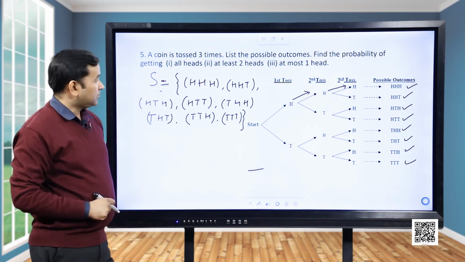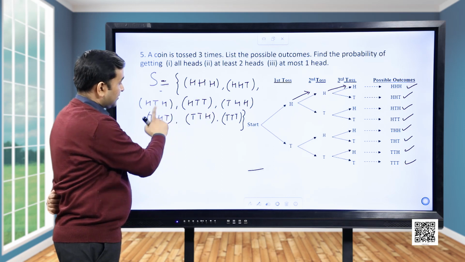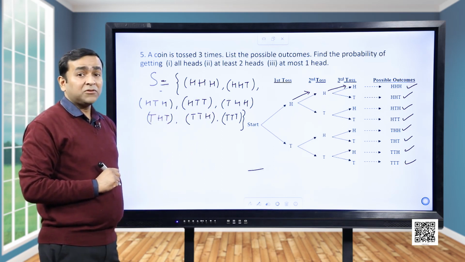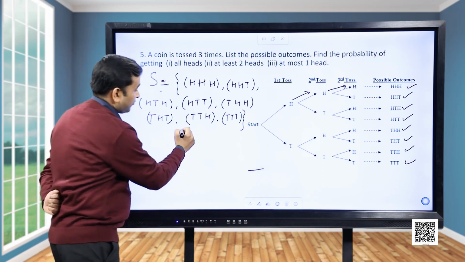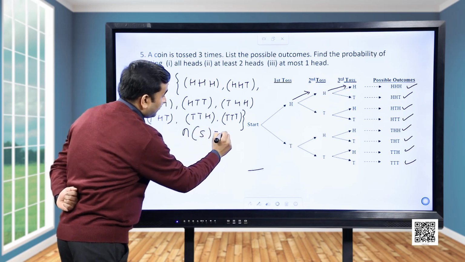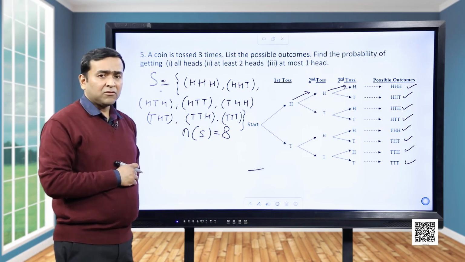How many are these? Let us count. 1, 2, 3, 4, 5, 6, 7, 8. So, the number of all the possible outcomes when we toss a coin 3 times is 8. We write it as n(S) equal to 8. Okay. Now, let us solve the first part.